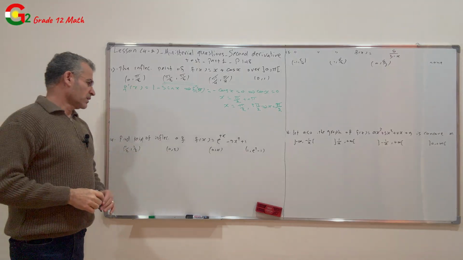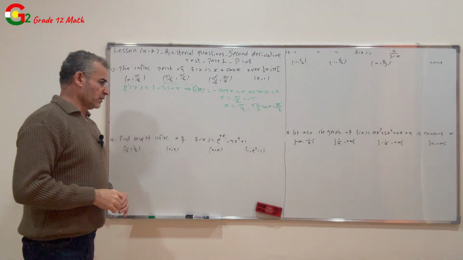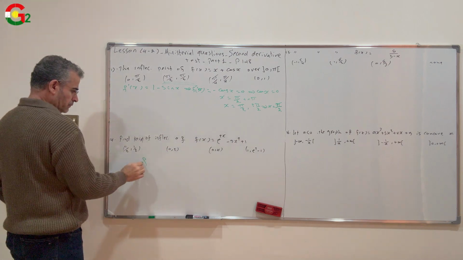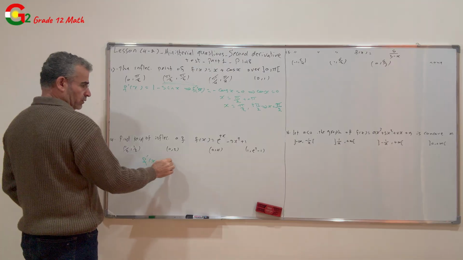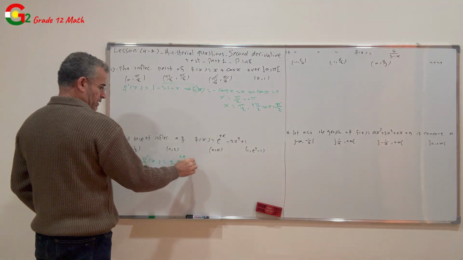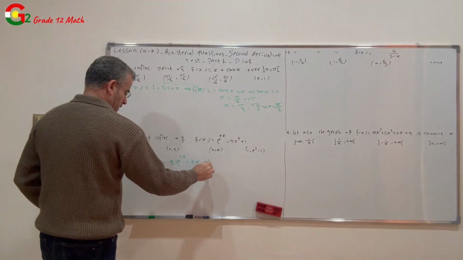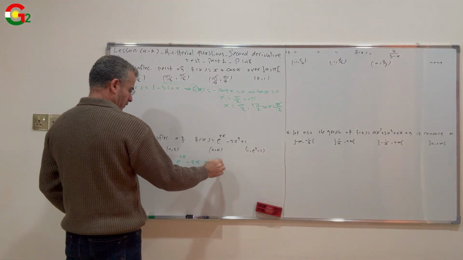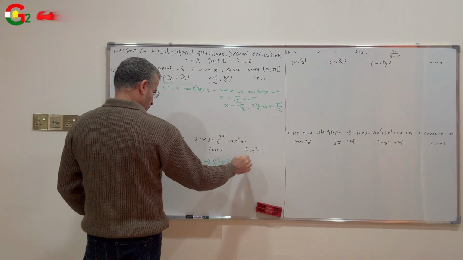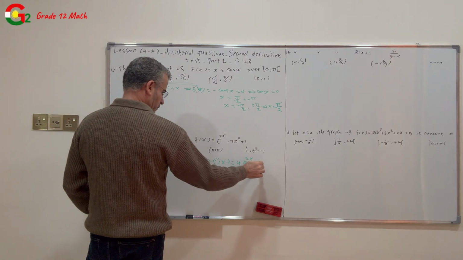Find the point of inflection of f of x equal e to the 2x minus 2x power 2 plus 1. The first derivative equal to 2e to the 2x minus 4x. And the second derivative, f double prime of x, equal to 4 e to the 2x minus 4.